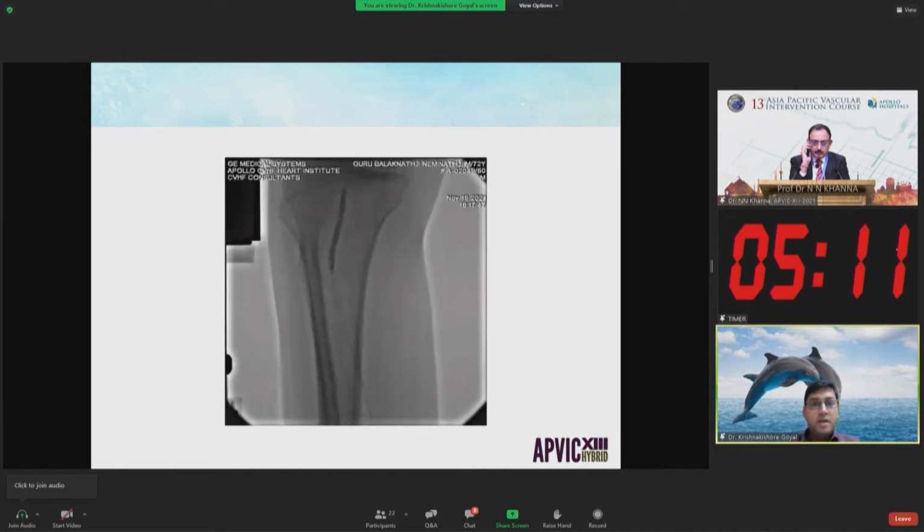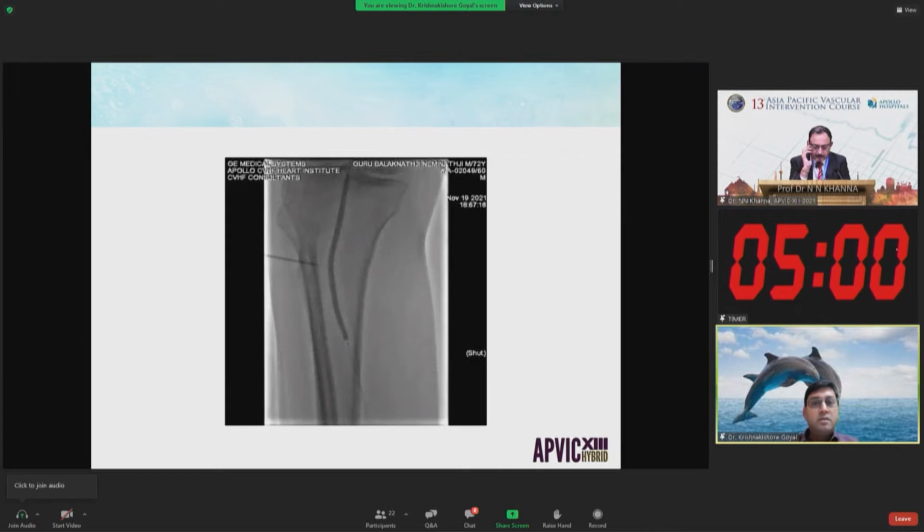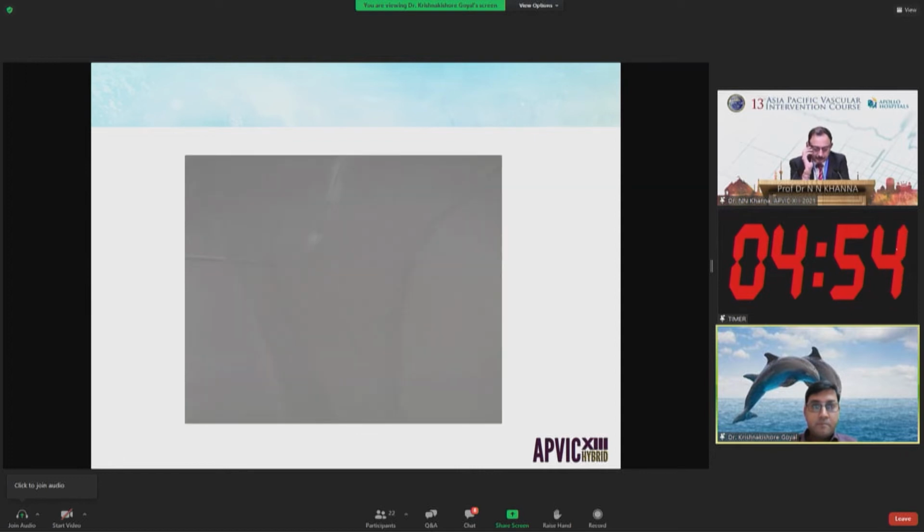This was a routine predilatation with the balloon, and after the routine predilatation, we decided to do sirolimus eluting. This is a sirolimus eluting balloon, 4/100, and we got quite a satisfactory result.